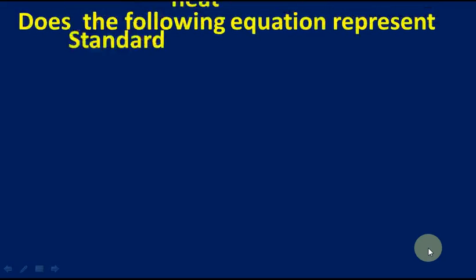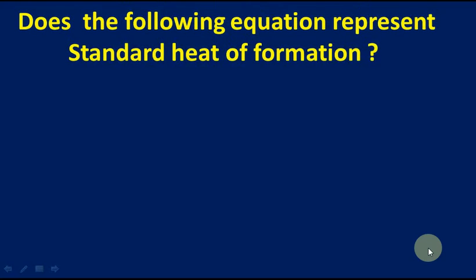Does the following equation represent the standard heat of formation? This question is for intelligent students. I want you to understand the definition, and to check whether you understood the definition or not.